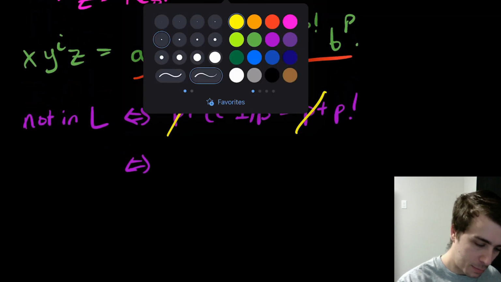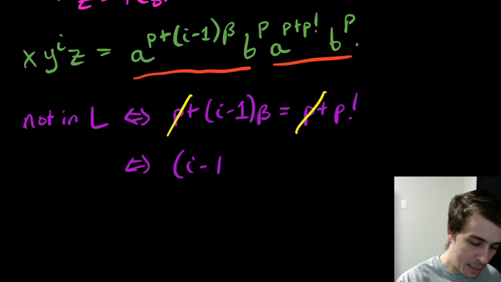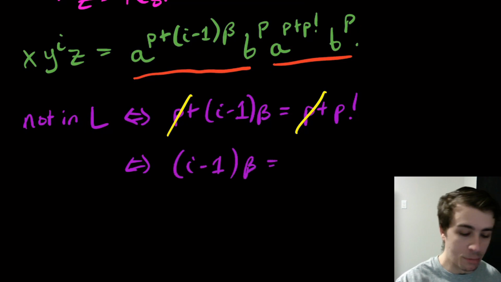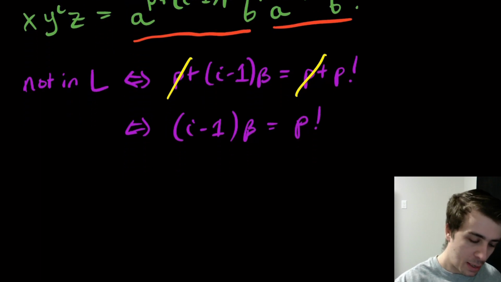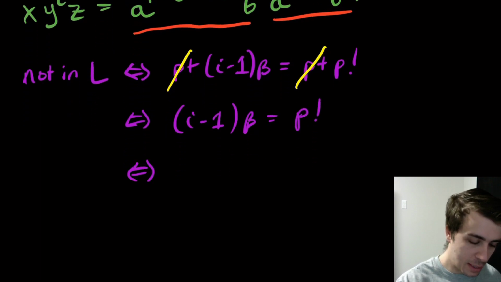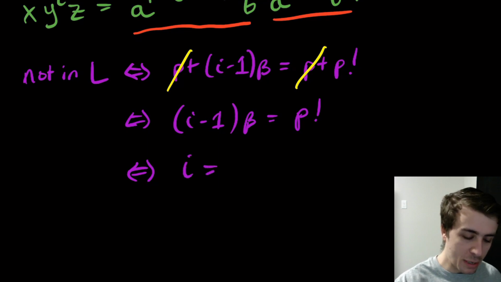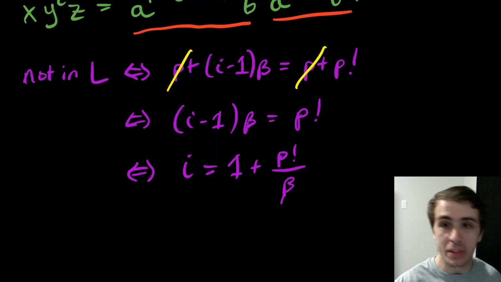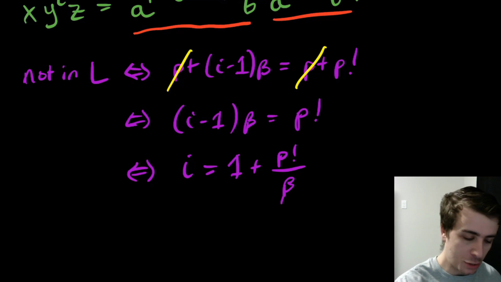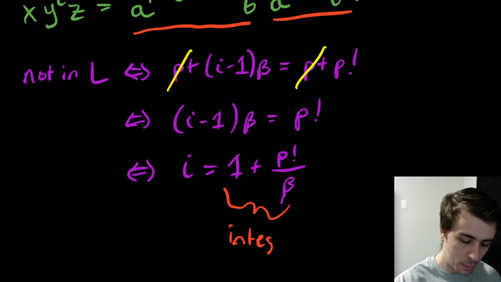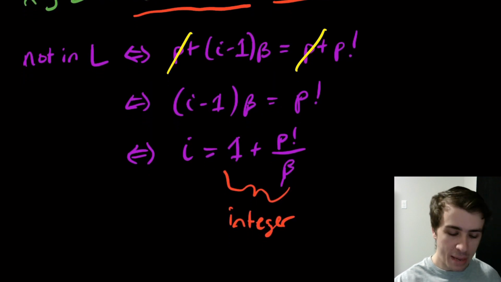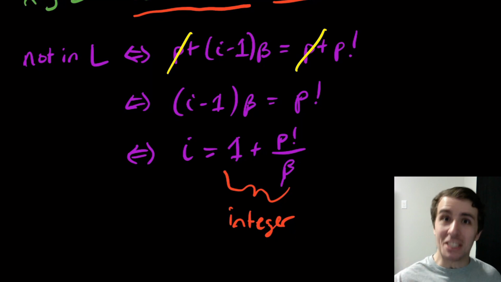Then we have (i minus 1) times beta is equal to p factorial. If you simplify this, what you get is i equals 1 plus p factorial over beta. And I claim that this part is an integer. Why is that? Well, we know that beta is at most p, but it's at least 1 also. So it's some number between 1 and p. You see why this works?